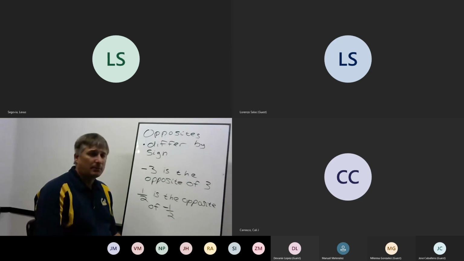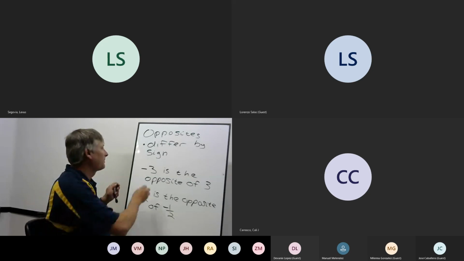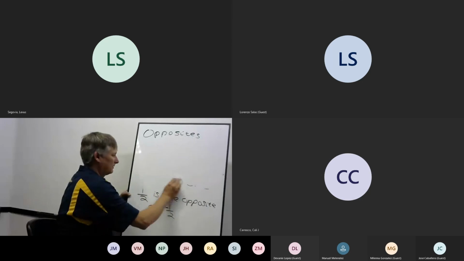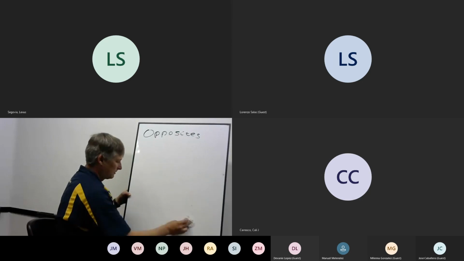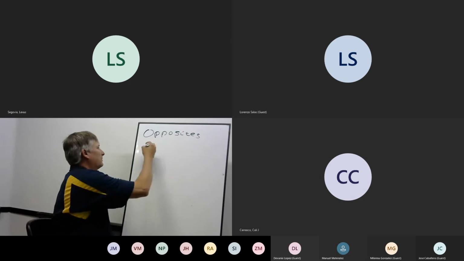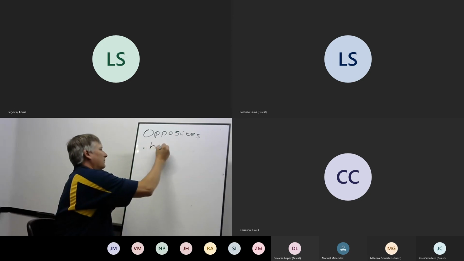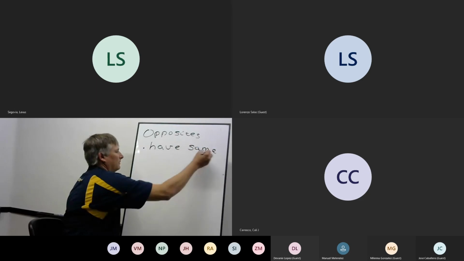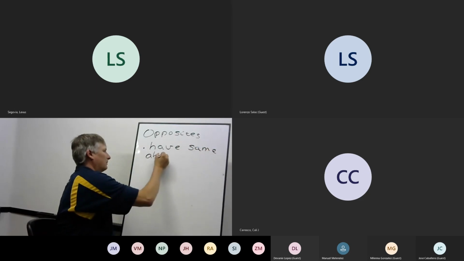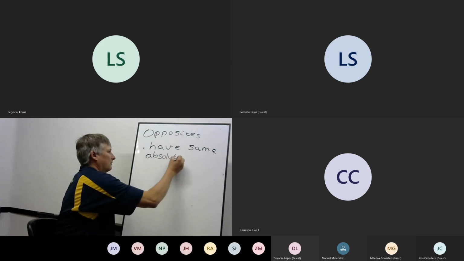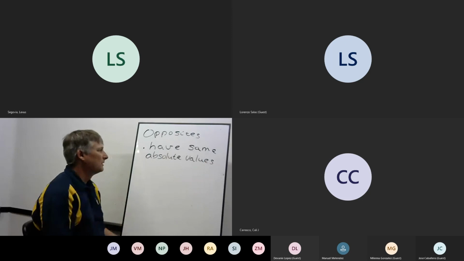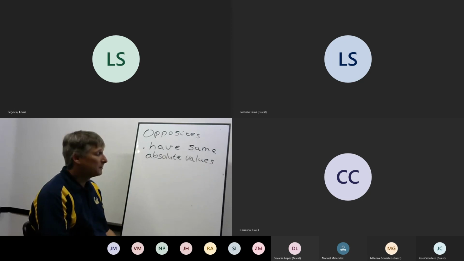And a property of opposite numbers, if you take their absolute values, you get the same thing. So they have the same absolute value.